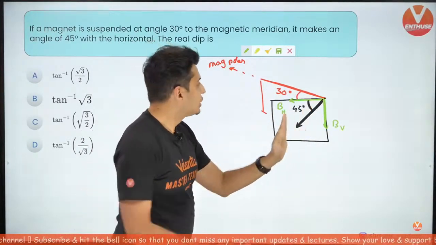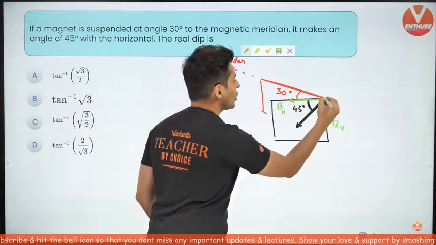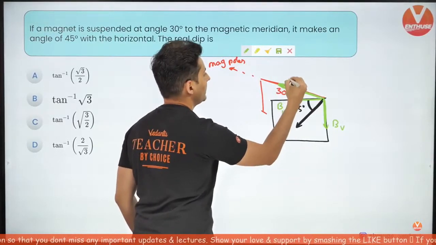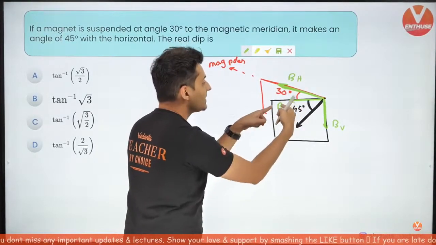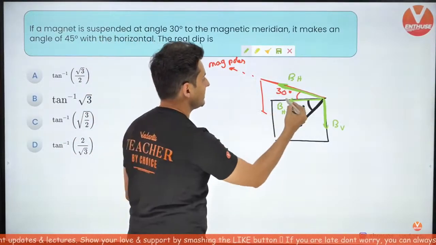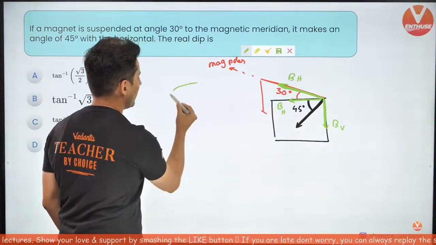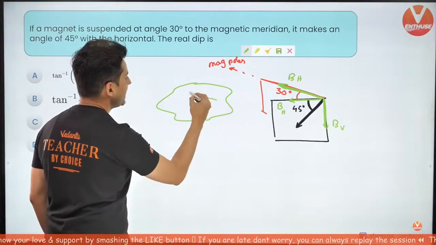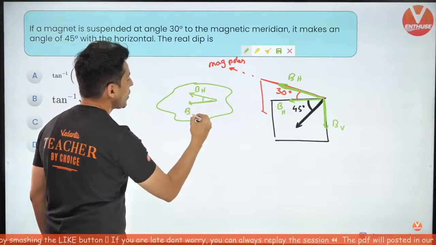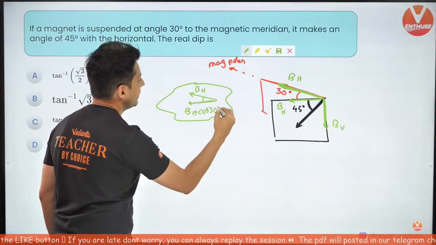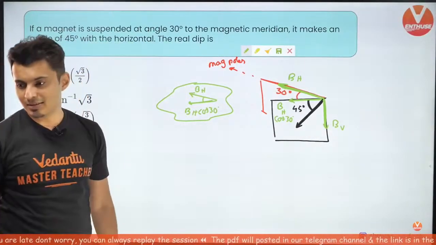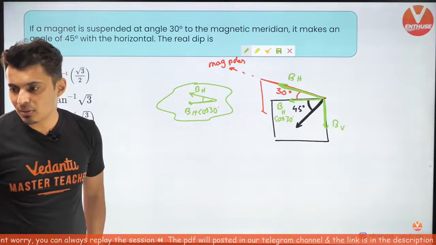So the magnetic field should be in that red plane. So truly speaking, the Earth's magnetic horizontal component is in this direction. This is just a component of that horizontal. Visualize this in that horizontal plane. Okay, in that horizontal plane, BH is this way. In this direction, you are just measuring the component of it, the cos 30 component. So this is BH cos 30. Is that making sense to you? Yep.